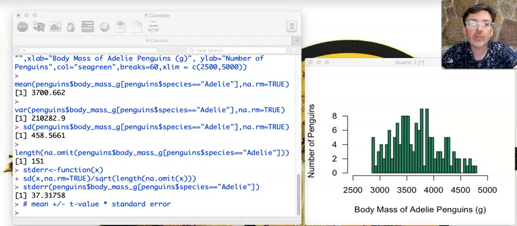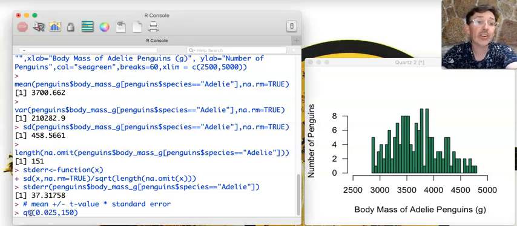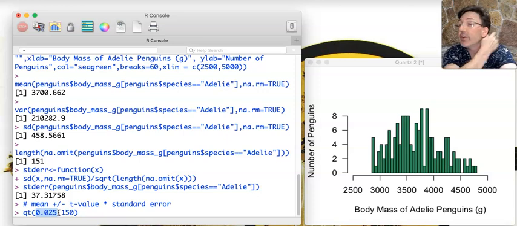And so for R, we ask the function qt, quantile of the t-distribution, and since we're interested in what's called the 95% confidence interval, we want to have 5% divided amongst the two tails. So 2.5% on one side, 2.5% on the other.